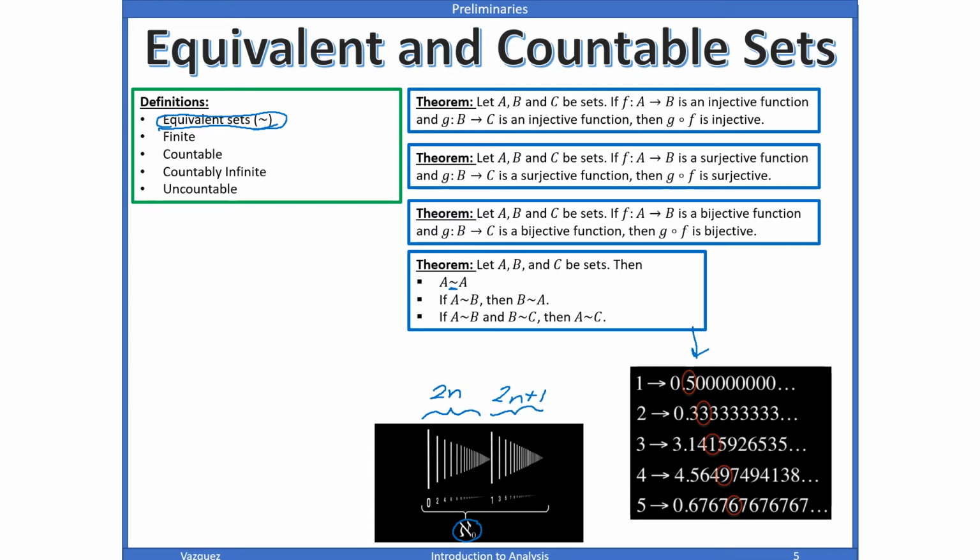If A is equivalent to B, then B is equivalent to A. And if A is equivalent to B and B is equivalent to C, then A is equivalent to C. These three properties tell us something about this relation, the equivalent set relation: it's an equivalence relation. As you can probably see, it's almost in the name.